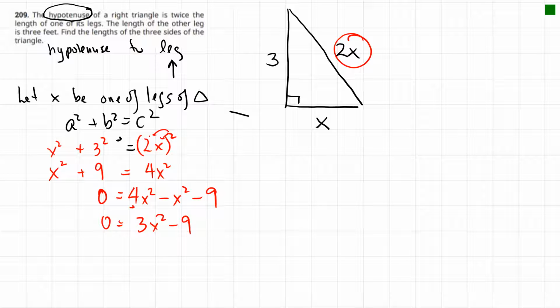I've chosen to collect it on the right, but you could choose to collect it on the left if you like. Now notice there is no linear term. In other words, in ax squared plus bx plus c, there is no x term, which means it's a great candidate for the square root principle. So I'm going to use the square root principle.